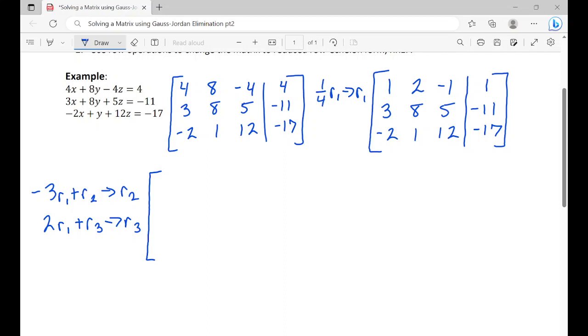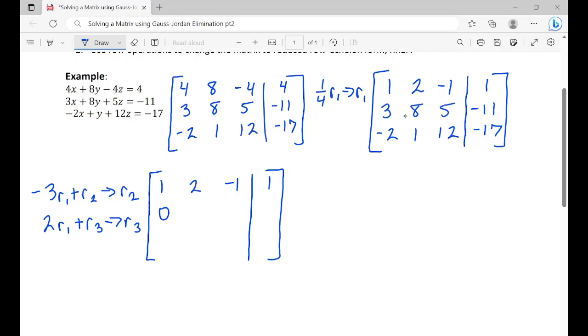So all I'm going to get is to stay the same as row 1, so I can just copy that down. So 1, 2, negative 1, 1. And now to get my new rows. So negative 3 times 1 is negative 3, plus 3 is 0. Negative 3 times 2 is negative 6.